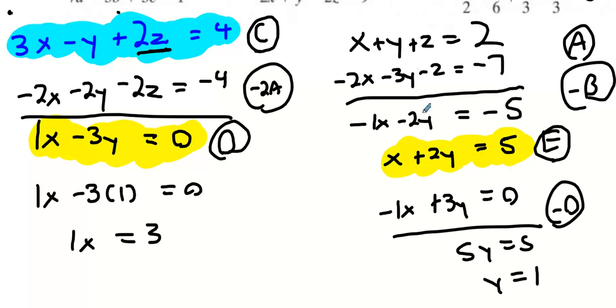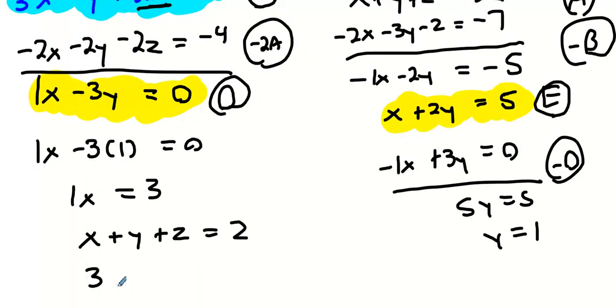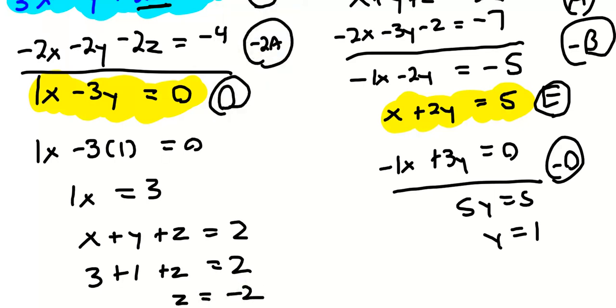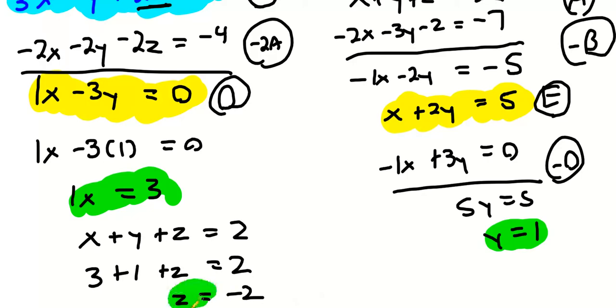I'd be inclined to use equation A. It looks very easy. x plus y plus z equals 2. 3 plus 1 plus z equals 2. Implies z equals minus 2. So your 3 answers should be 3, 1, and minus 2.